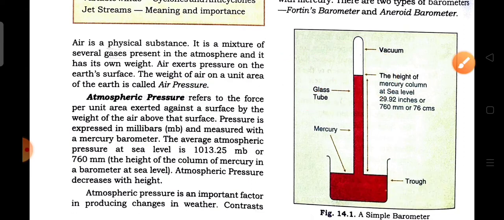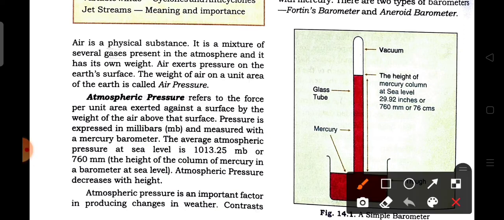After this, the term atmospheric pressure refers to the force per unit area exerted against a surface by the weight of air above that surface.